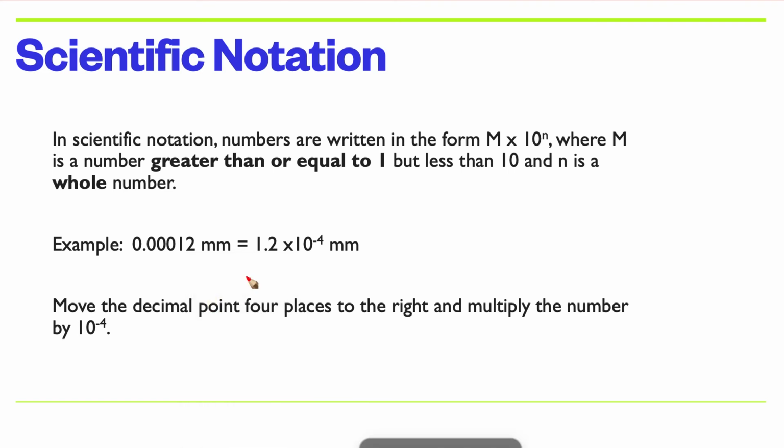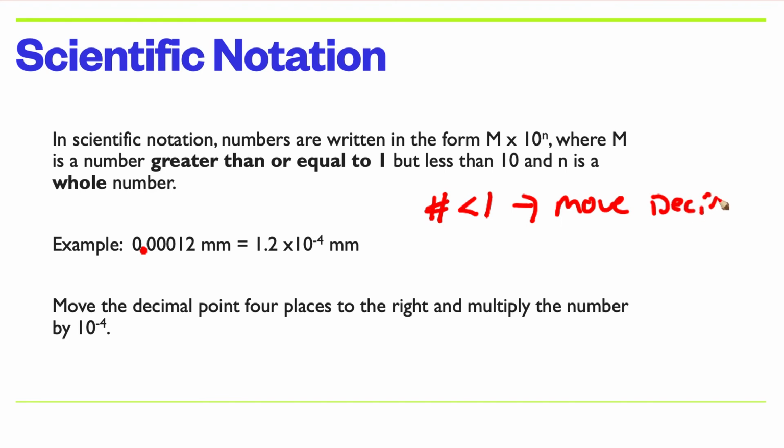So we're going to start with our decimal point here, and we want to work to the right. If we have a number less than 1, we're going to move the decimal point to the right.